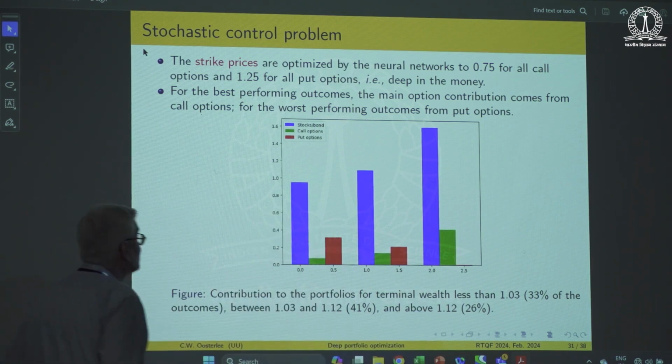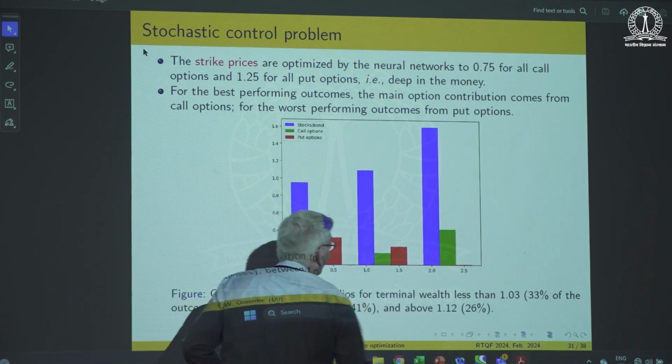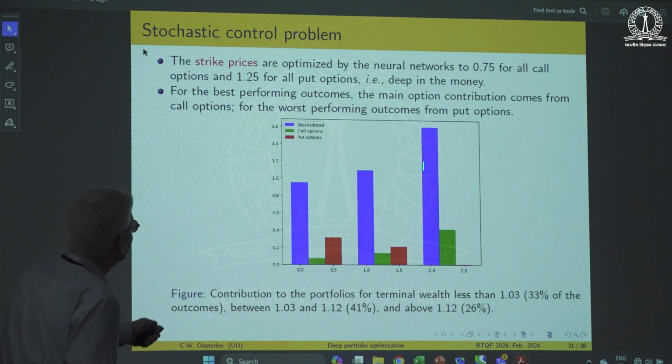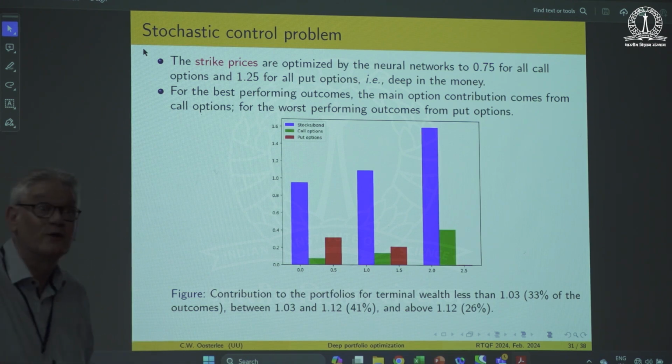Then 26% of all the trajectories go in that direction, and we see that for the low returns, the put options help us. For the moderate returns, it is even. So there's a lot of stocks and bonds, and the puts and the calls are in balance more or less. For the high returns, we see that the call option works. And that goes automatically with the neural network.